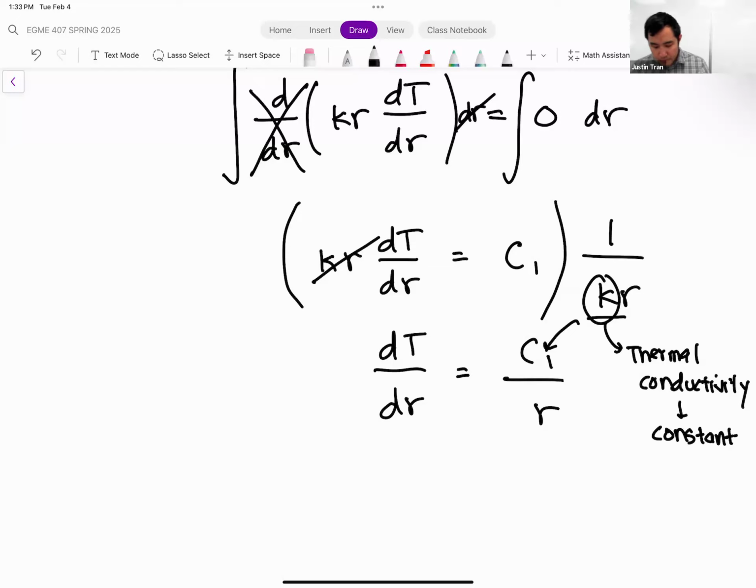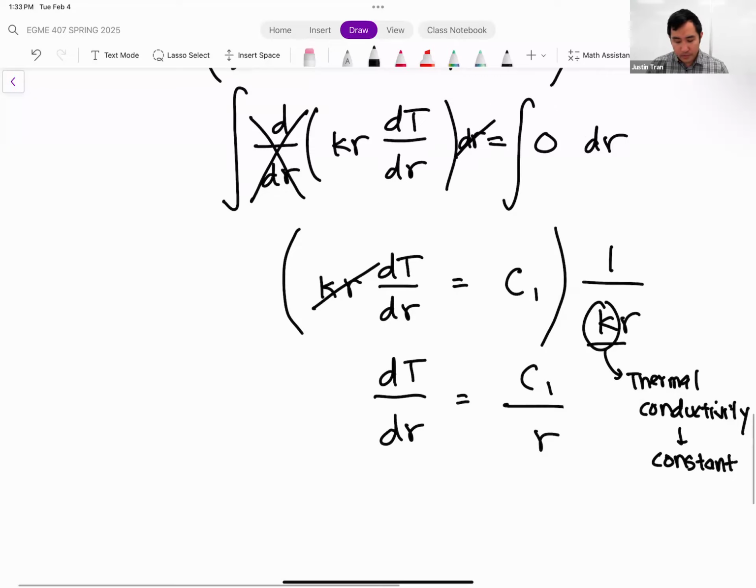So all we're left with after dividing by kr is just C1 over r. Any questions about why we do that? It's just a constant. It makes our lives a little bit easier.